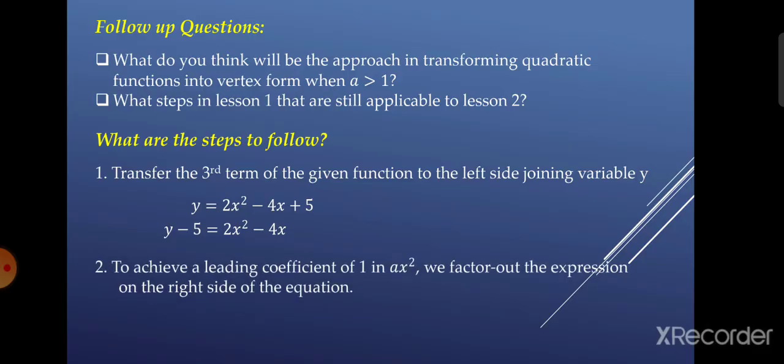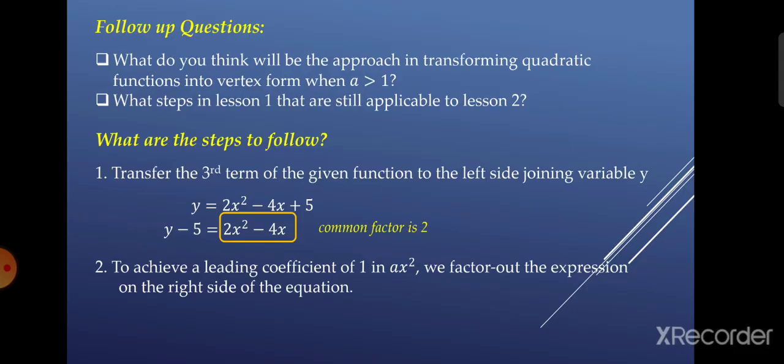Second step, to achieve a leading coefficient of 1 in ax squared. The ax squared in the given equation is 2x squared. To make it 1, we factor out the expression on the right side of the equation, the boxed part: 2x squared minus 4x.